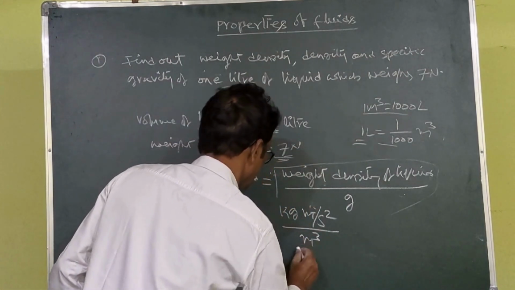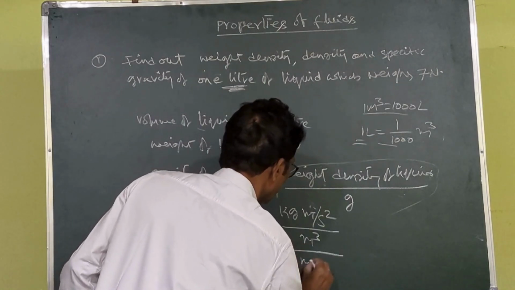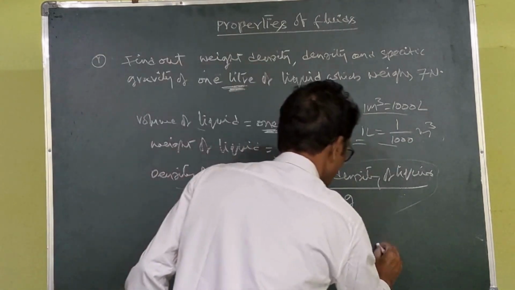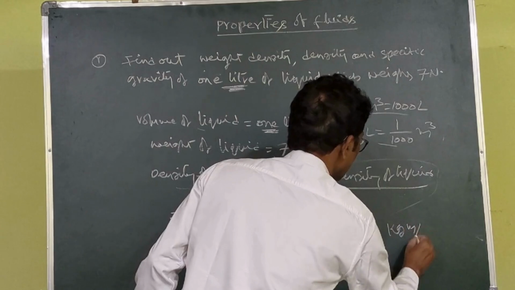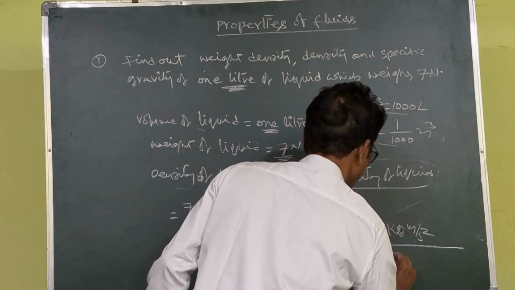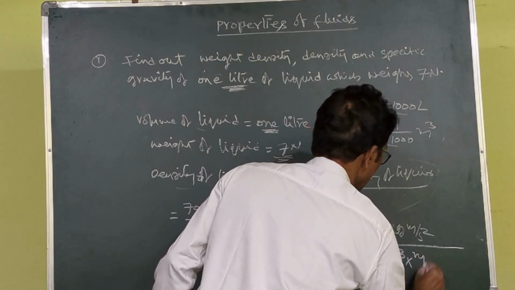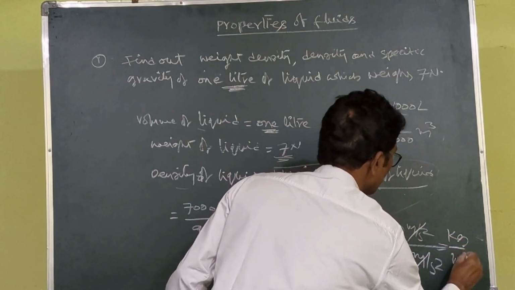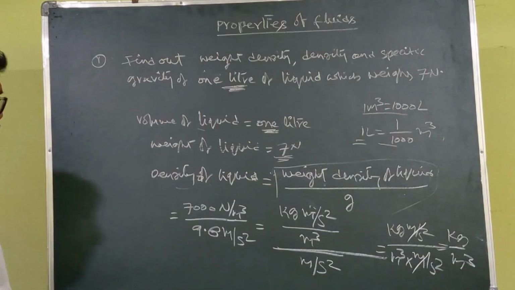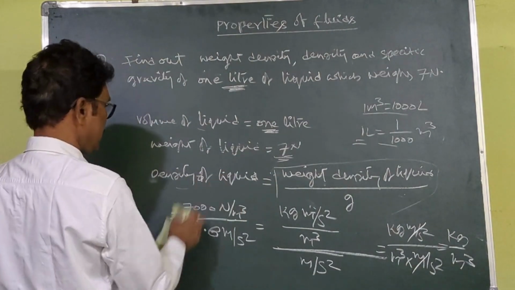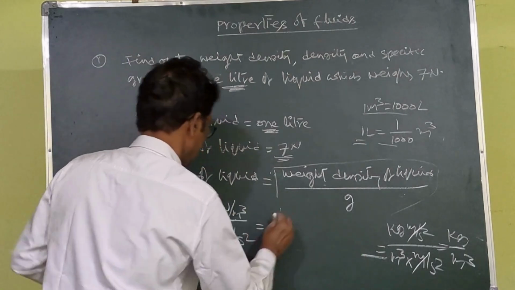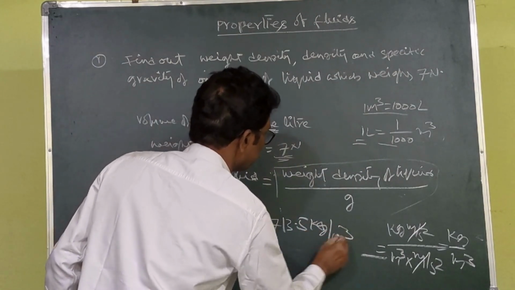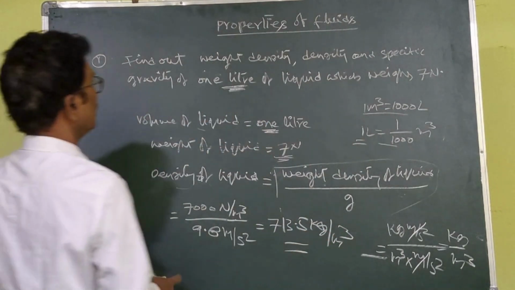So kg meter per second square divided by meter cube into meter per second square, they get cancelled. Finally you get kg per meter cube. So we arrive at the density of liquid equal to 713.5 kg per meter cube.